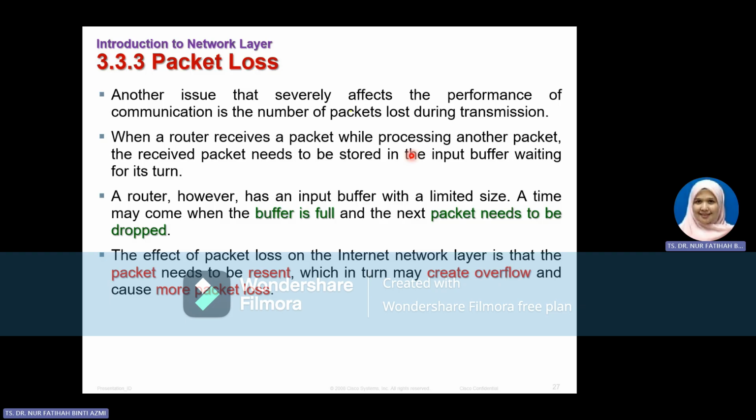Imagine a router receiving multiple packets at the same time. If the router is still processing a previous packet, the new one will wait in the input buffer, but the buffer has limited space. Once it is full, any new incoming packet will be dropped.